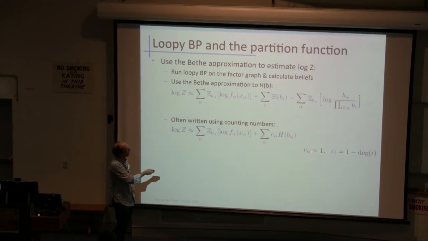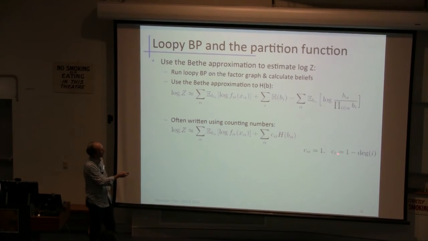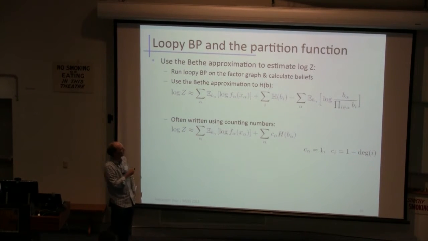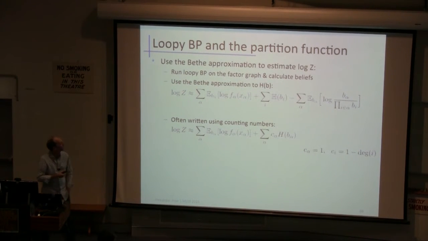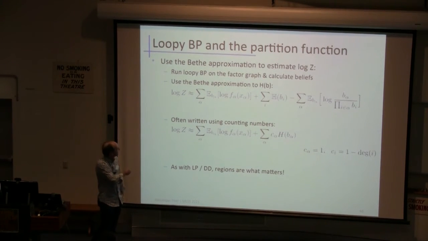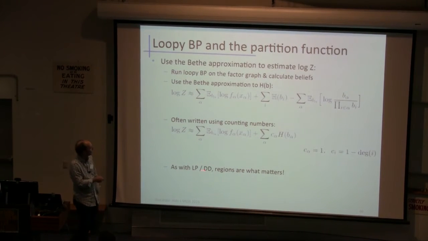So here our counting numbers are 1 for each clique alpha, and then for each individual variable, it's 1 minus the number of factors that x i participates in.